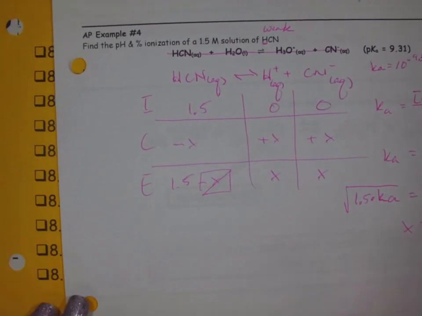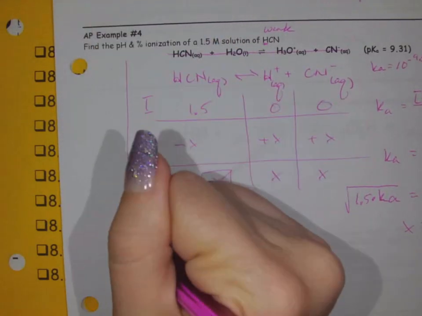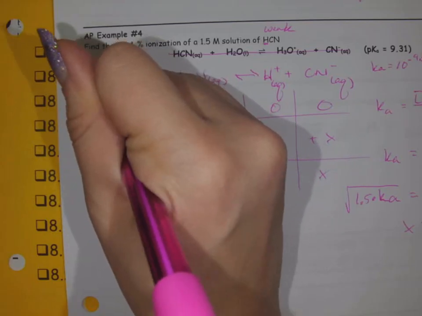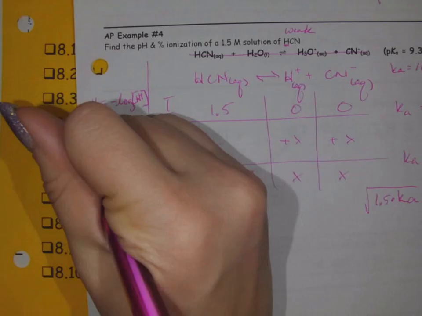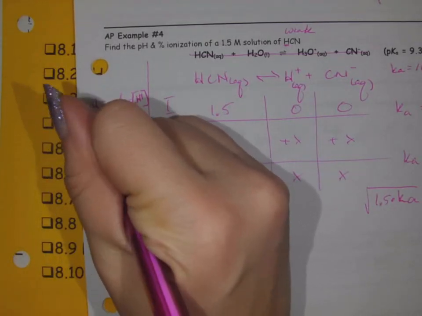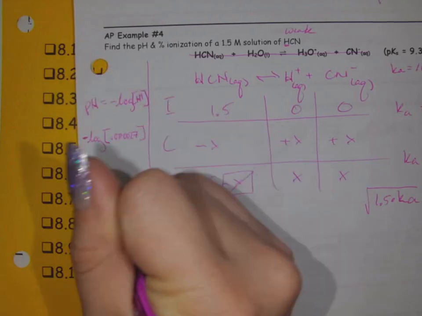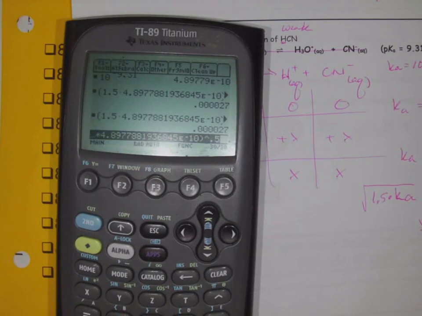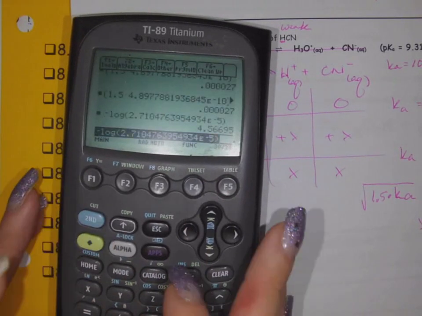So to get pH, like we've done, it's equal to the negative log of that concentration of H+. So I'm going to do negative log of that number, the 0.000027 number, and that means pH is equal to the negative log of that number.